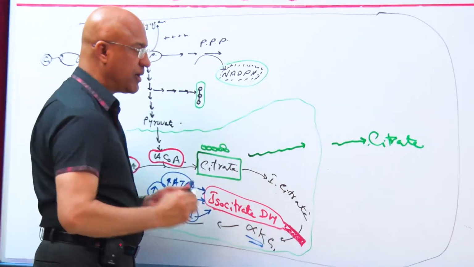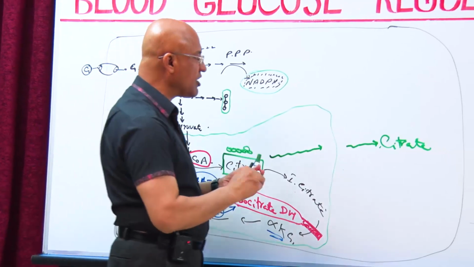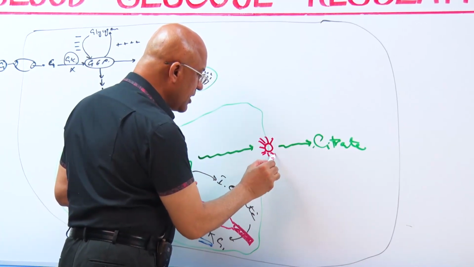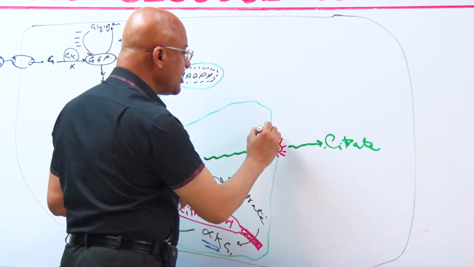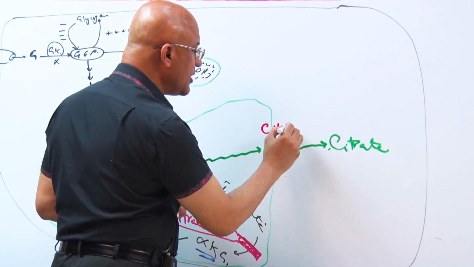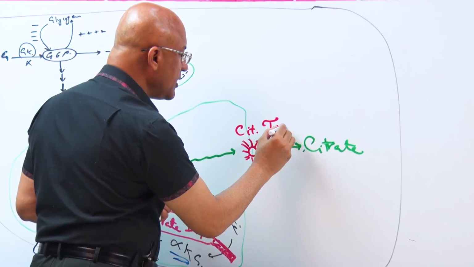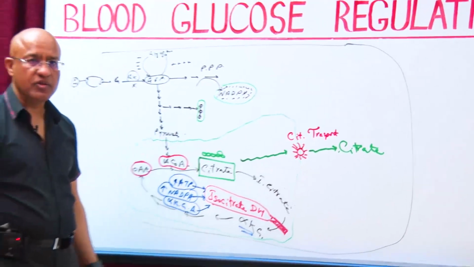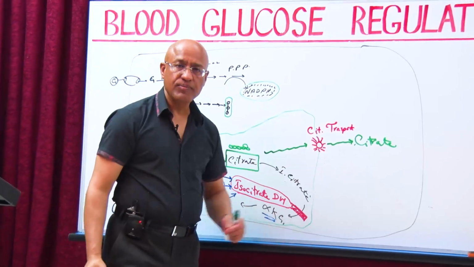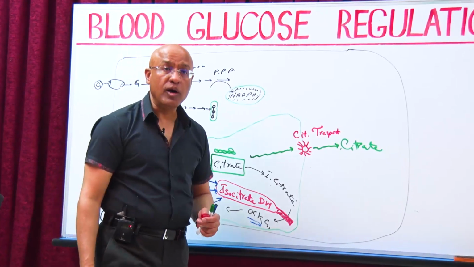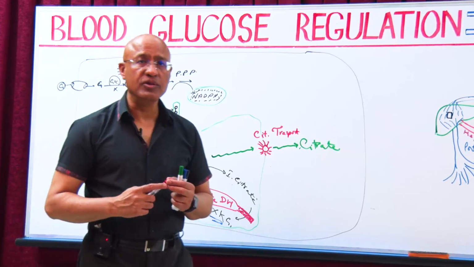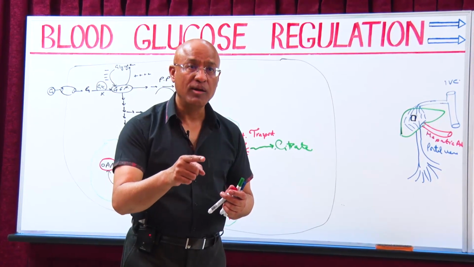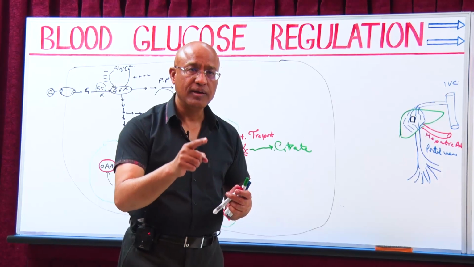So there is a special transporter here, and we call it the citrate transporter or citrate shuttle, which will get the citrate outside the mitochondria, because fatty acid is synthesized in the cytosol.